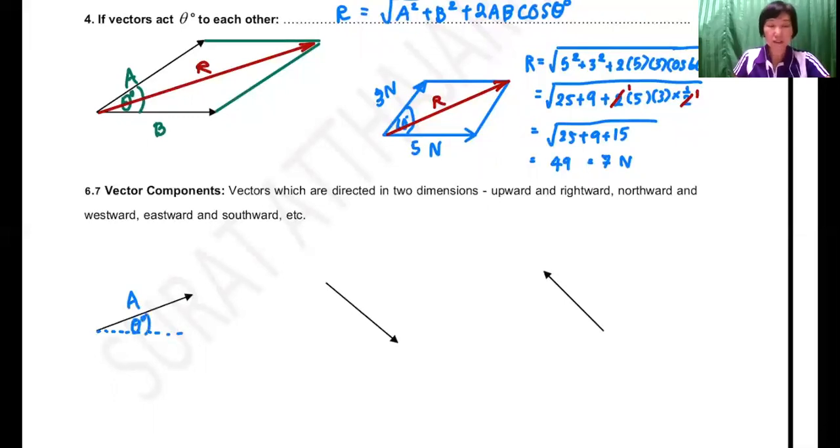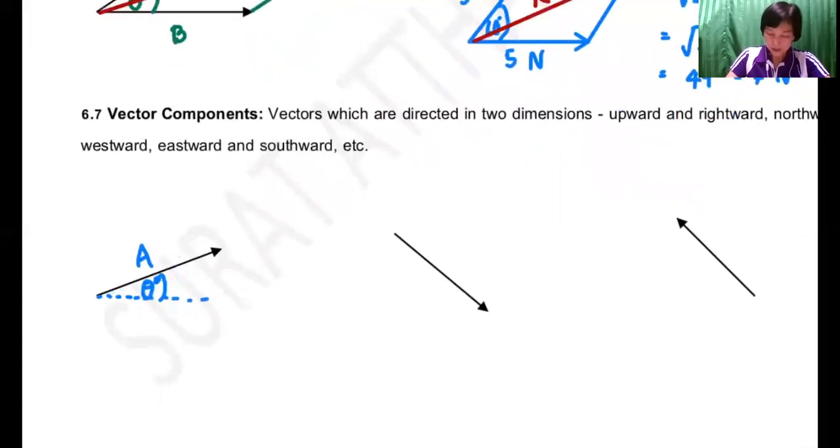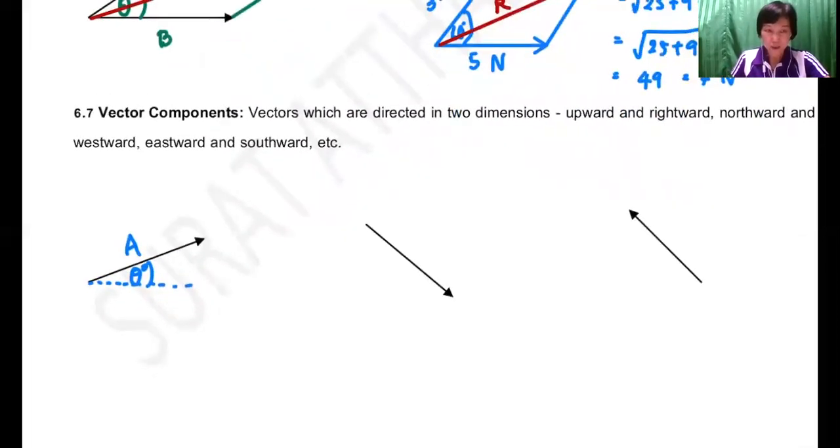Its angle above the x-axis is theta. For this vector, we can determine the components in two directions. The first direction is the x-axis and the second direction is the y-axis.